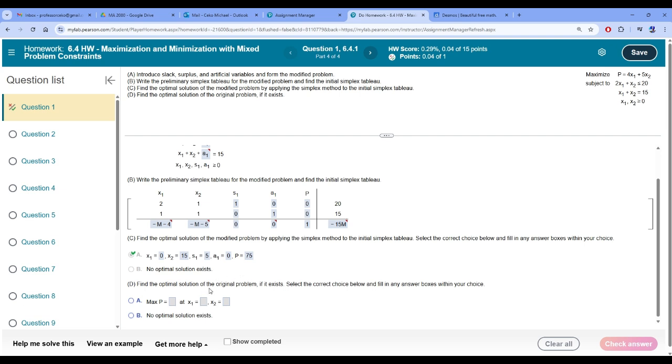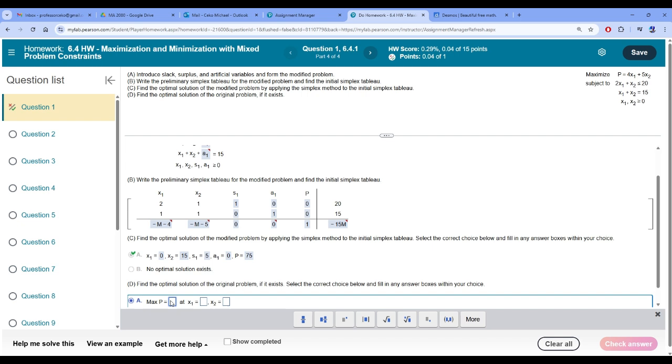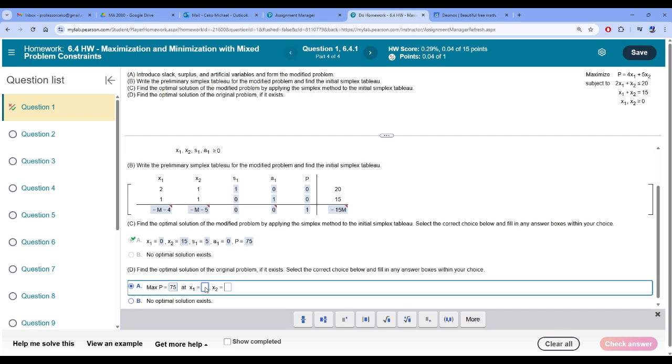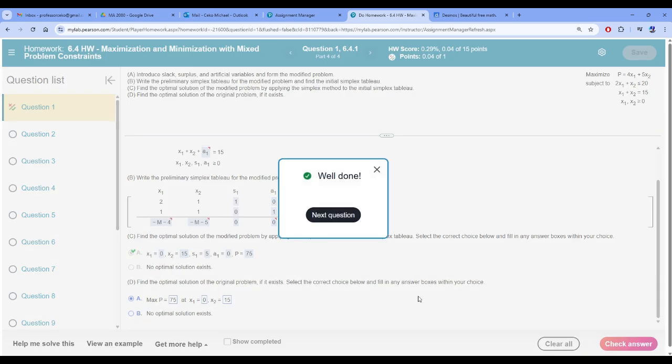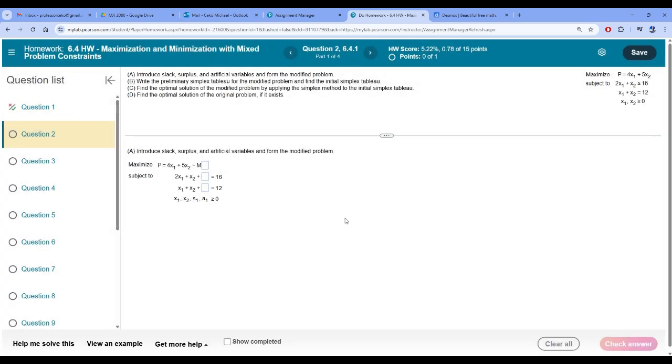Find the optimal solution with the original problem. I think this is going to be 75 occurs at 0, 15. I think so. Yep. Okay, so the only thing I don't know is how they got that.